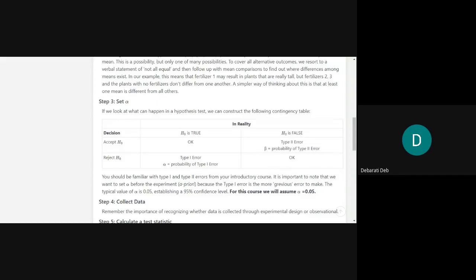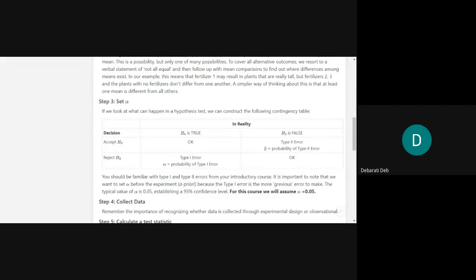And when you are taking the value of alpha as 0.01, then it means that you are 99% correct. Do you understand? Generally we take the value of alpha as 0.05, but 0.01 is always better, because when you take 0.01, it means that you are 99% confident that your answer is correct.